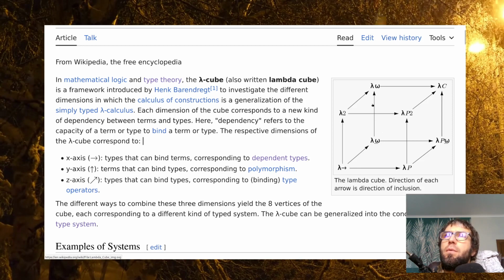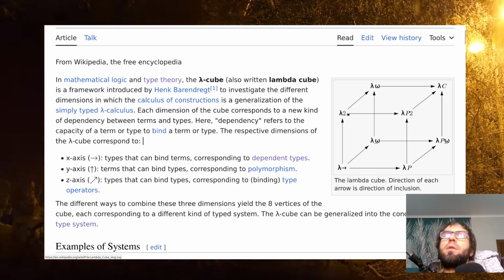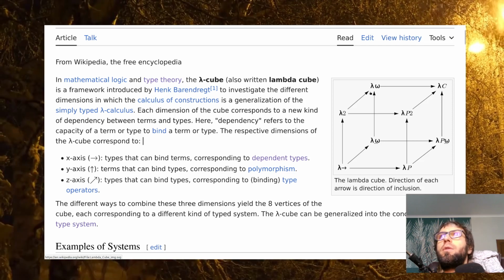Every arrow encodes some property which they add to the lambda calculus which has its position at the start of the arrow. And after they add this property, we receive the new lambda calculus, which is located at the end of the arrow.